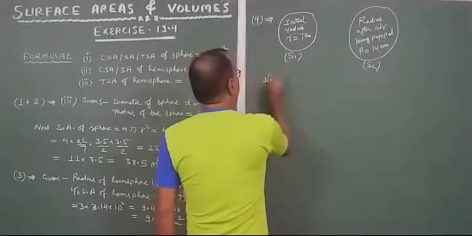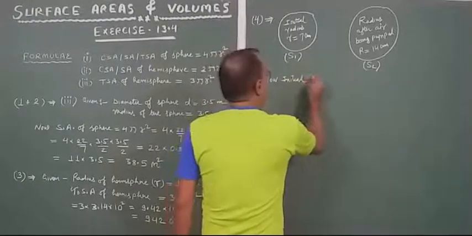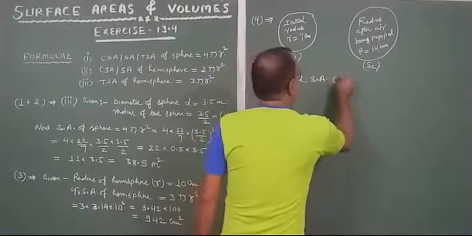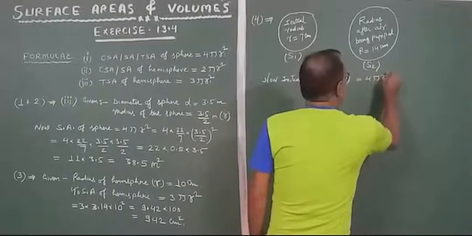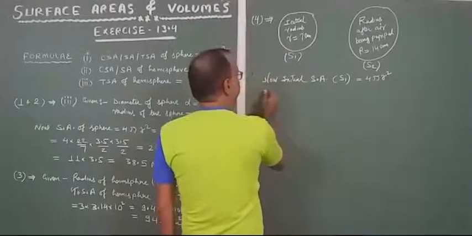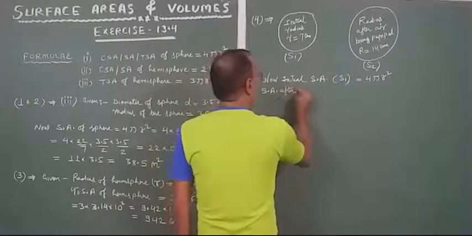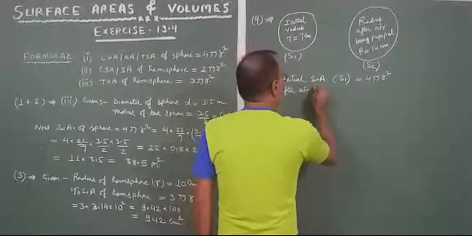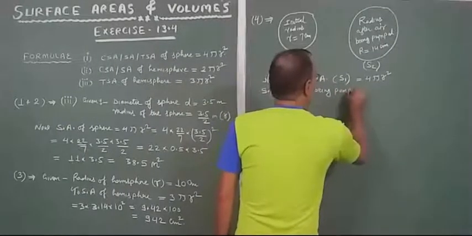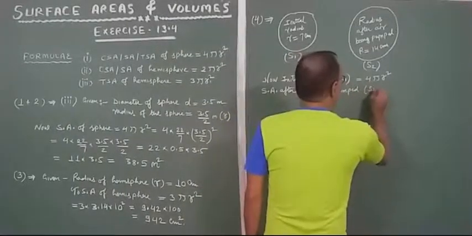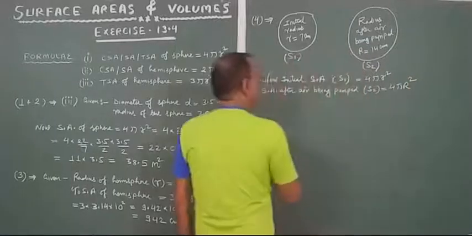The initial surface area S1 will be given by 4 pi r square, and the surface area after air being pumped, that is S2, will be given by 4 pi into capital R square.